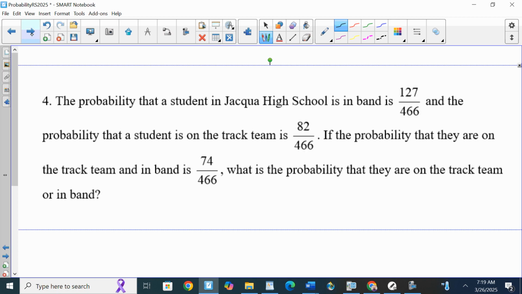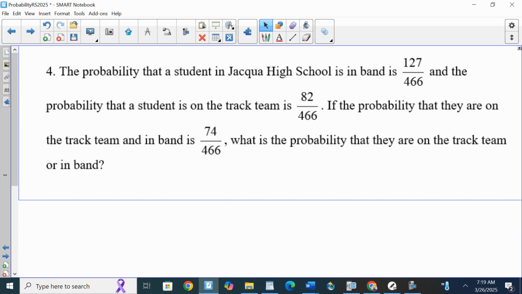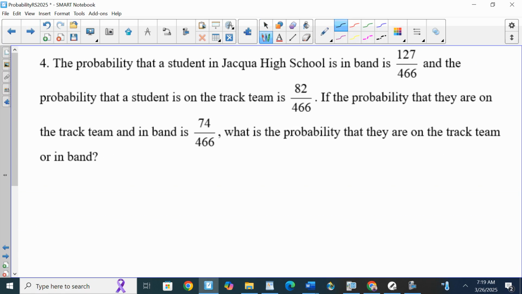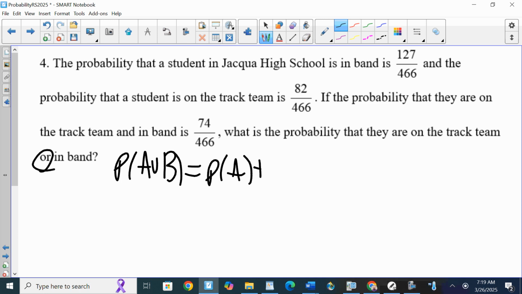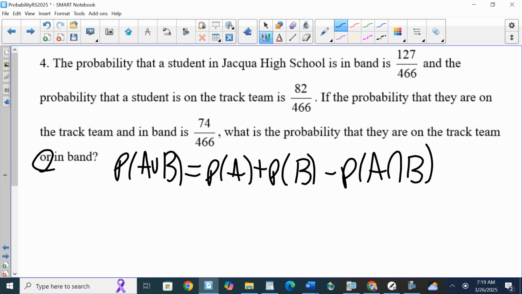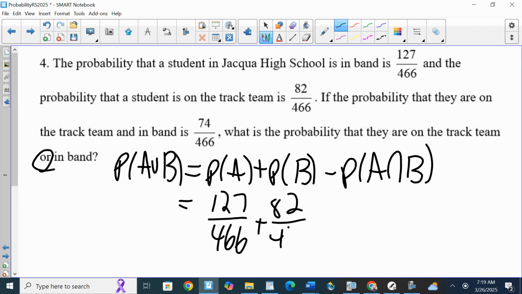And this one is asking for or. So if it's asking for or, P of A or B equals P of A plus P of B minus P of A and B. 127 over 466 plus 82 over 466 minus and 74 over 466.